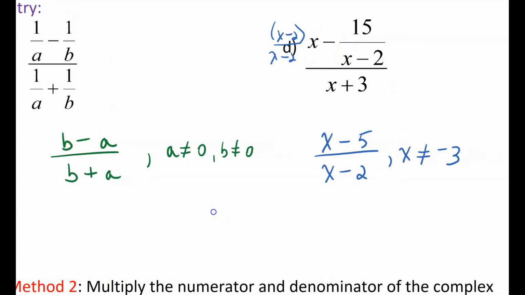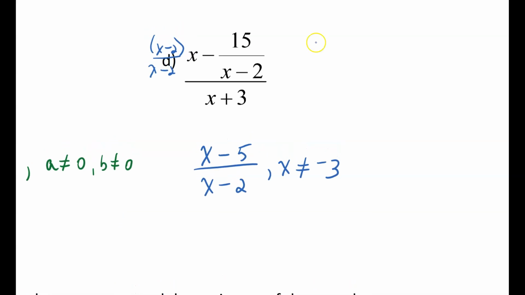So then that would give us an x squared minus 2x minus 15 all over x minus 2, and then divided by x plus 3 over 1, so that would become times 1 over x plus 3. Thank you. Okay.